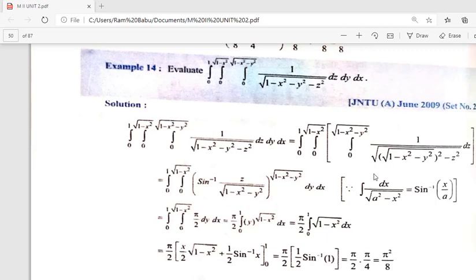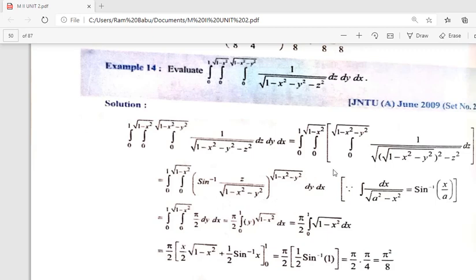But as per the formula, integration of dx by root of a square minus x square is equal to sin inverse of x by a. Therefore, integral with the limit 0 to 1, integral with the limit 0 to root of 1 minus x square, by the formula sin inverse of x by a, we get sin inverse of z by root of 1 minus x square minus y square.